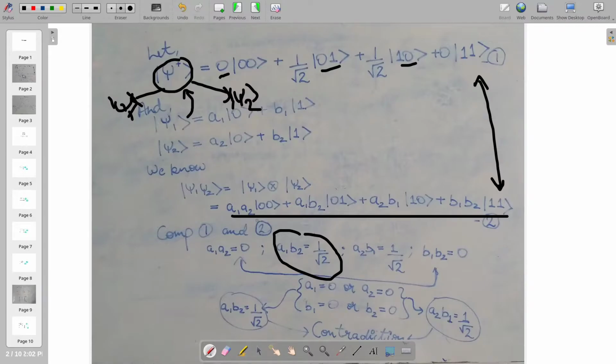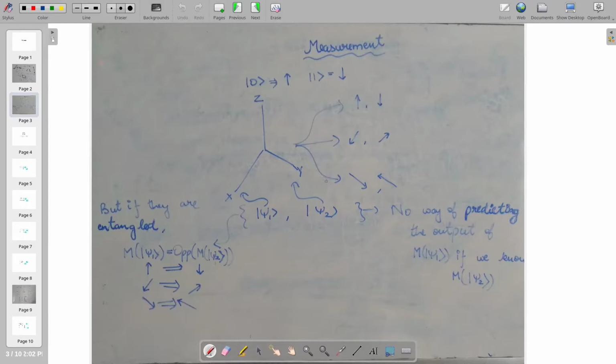So this is how we define entanglement in physics. In actual theoretical terms, two qubits are said to be entangled when they are closely dependent on one another for their existence.